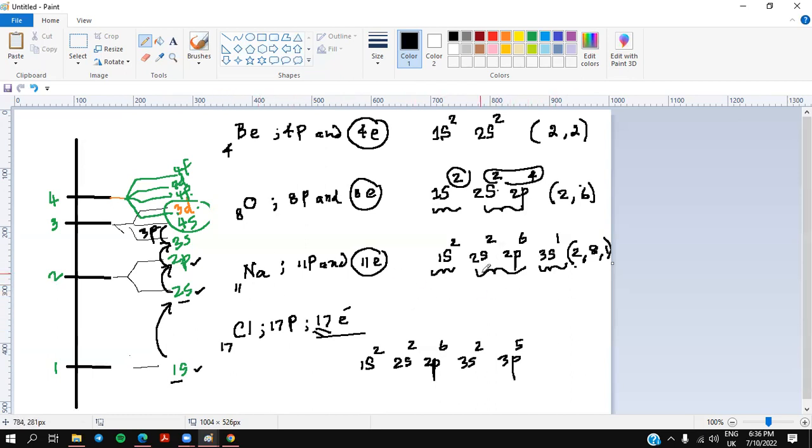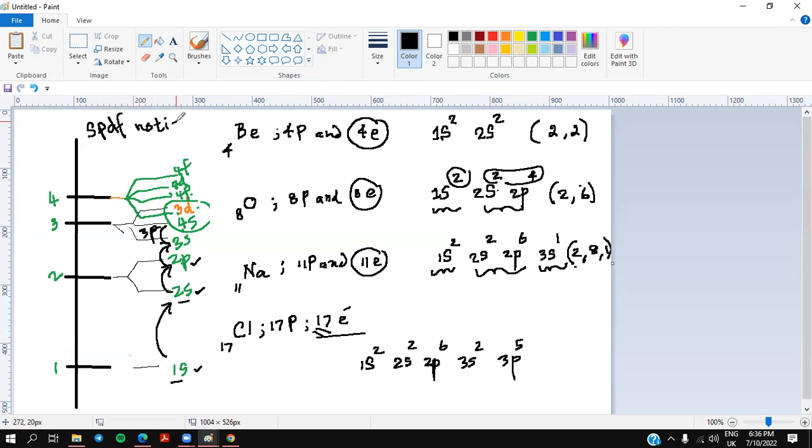Because I'm showing where electrons are present orbital-wise, 1s, 2s, 2p, 3s, 3p, this electronic configuration writing method is called spdf notation.